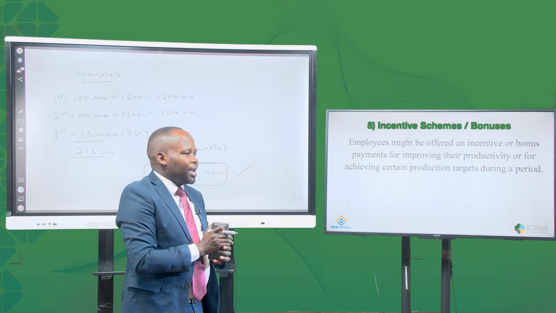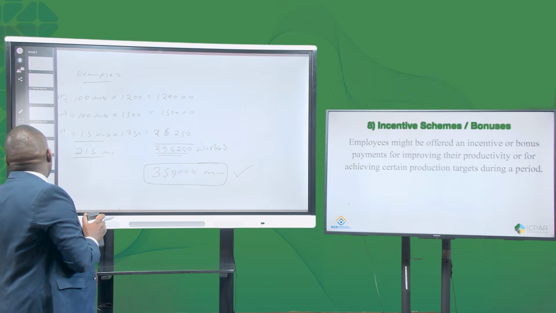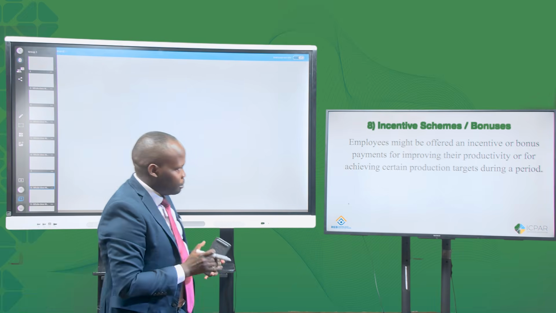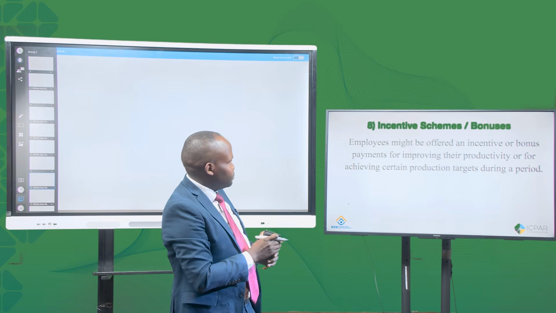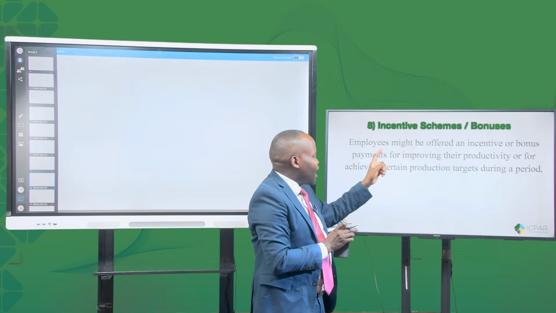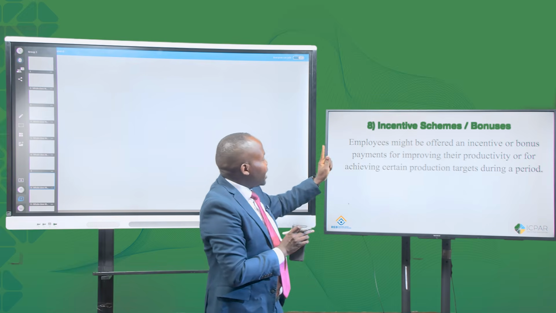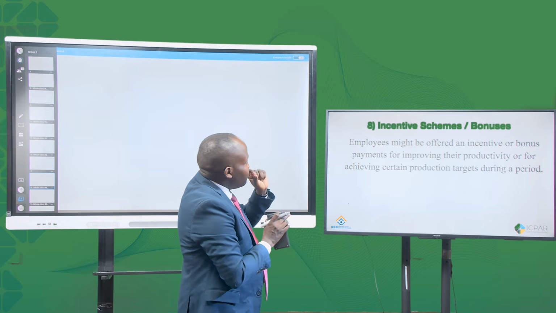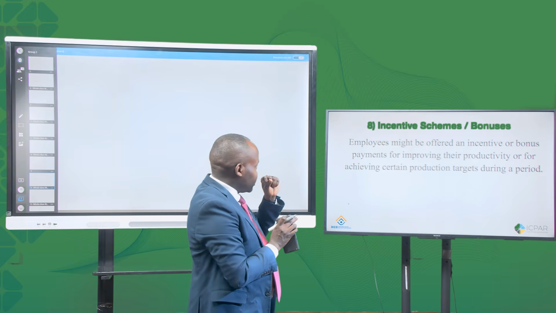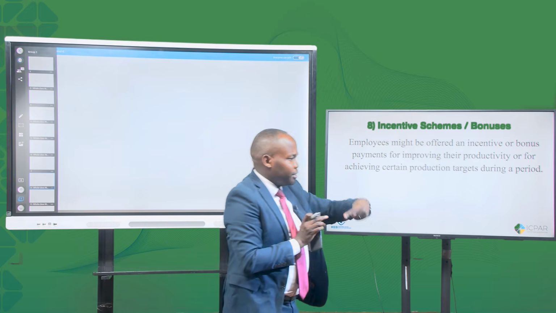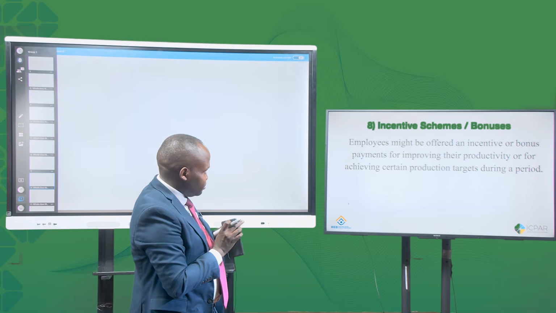Finally, we want to look at what is called incentive schemes. An incentive scheme is a bonus. So employees might be offered an incentive or a bonus for improving their productivity.